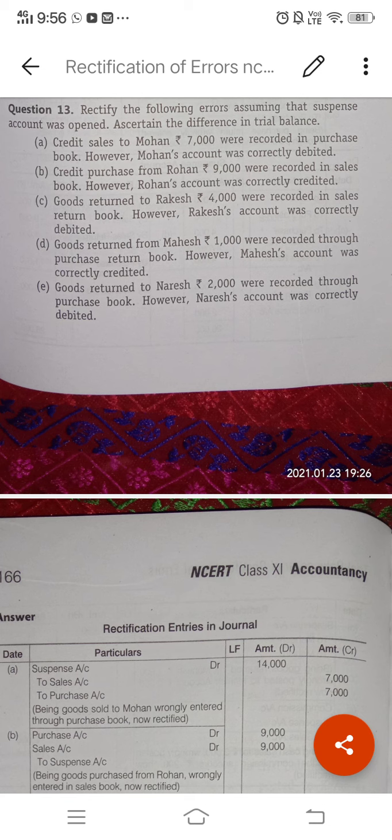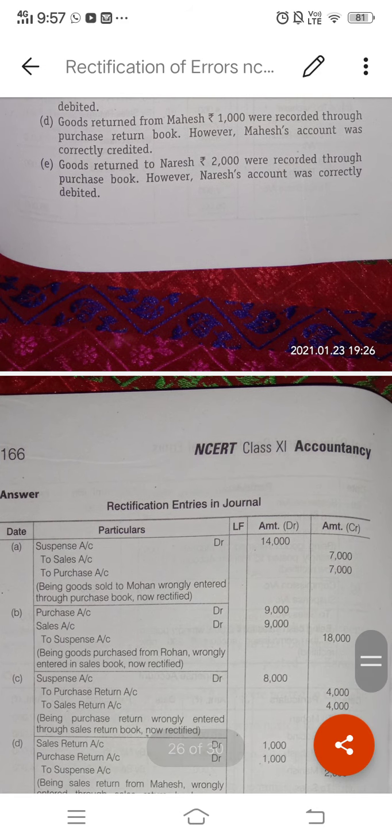It is an excess credit balance. To cancel that, we have to debit the sales account with 9,000, and now we have to debit the purchase account with 9,000. Understood? So to cancel the wrong credit, we debit the sales account, and the correct debit is the purchase account. Totally 18,000 is transferred to the suspense account. So the entry is purchase account debit, sales account debit to suspense account.